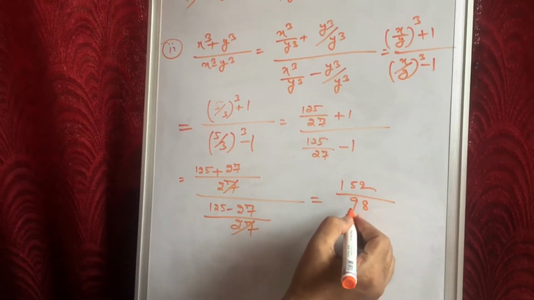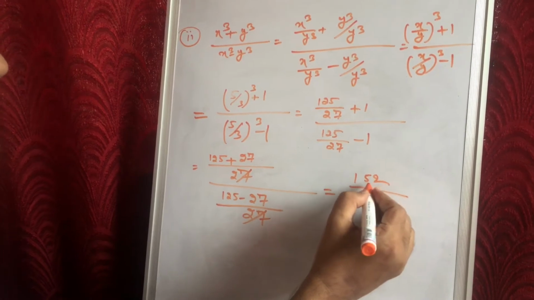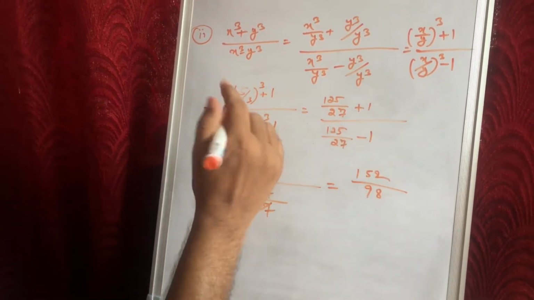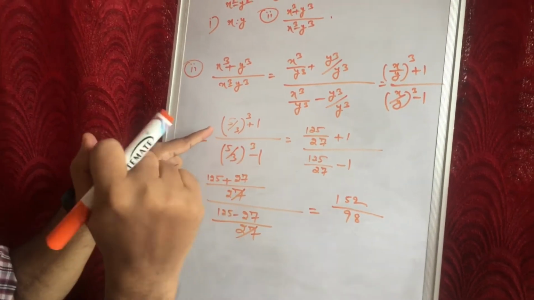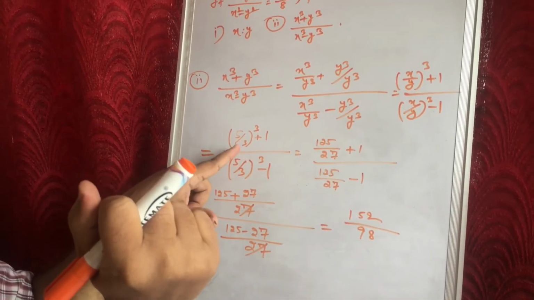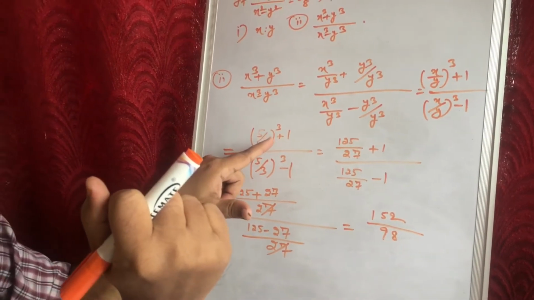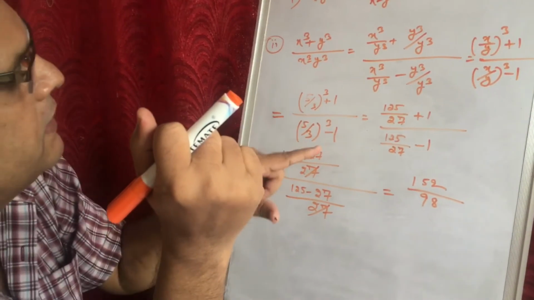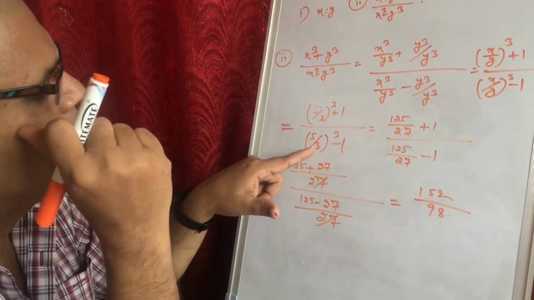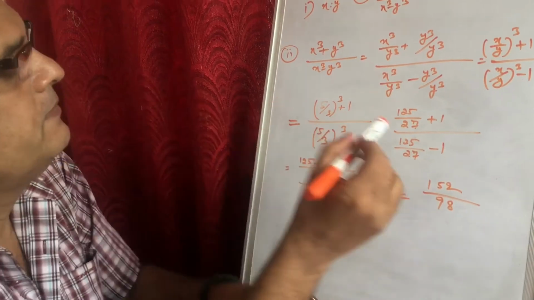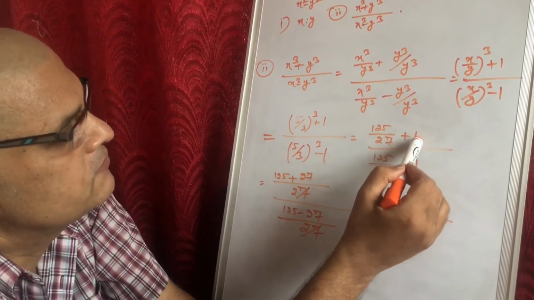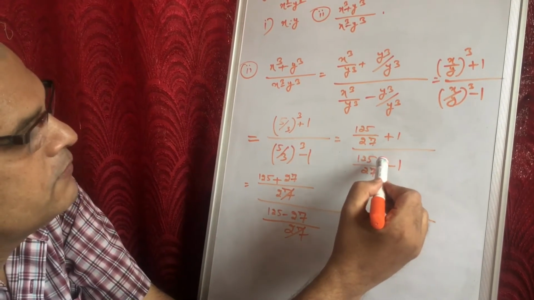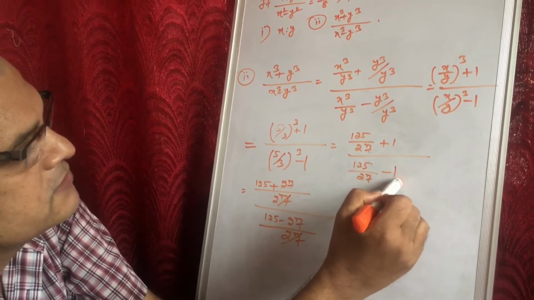Now see that after putting the value of x by y, that is 5 by 3 whole cube plus 1 divided by 5 by 3 whole cube minus 1, it will be 125 divided by 27 plus 1, divided by 125 divided by 27 minus 1.